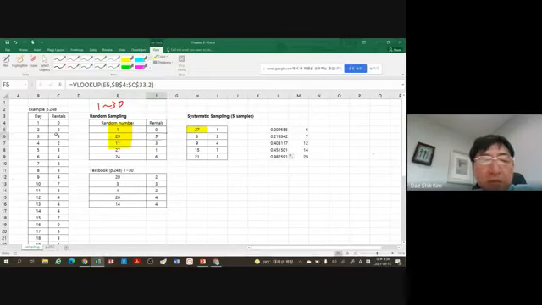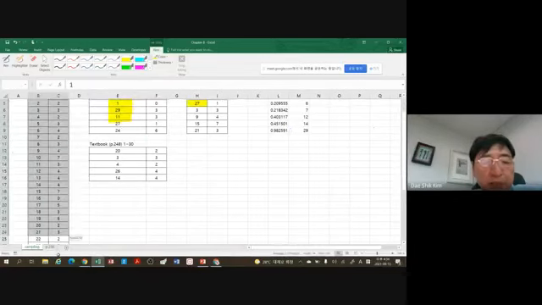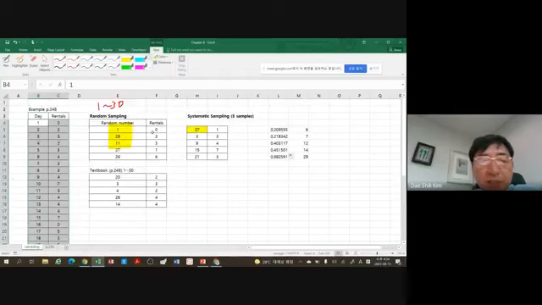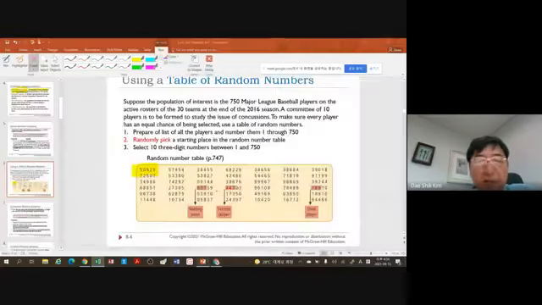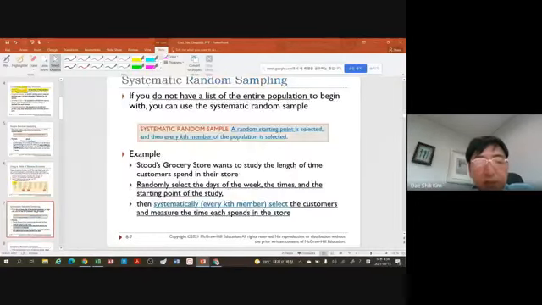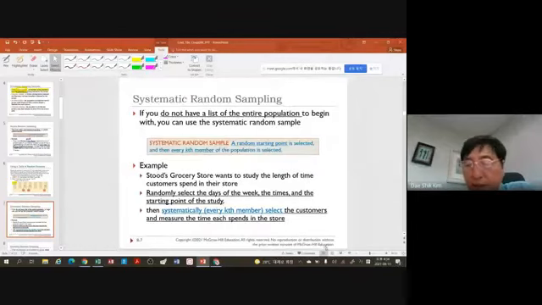For the number of rentals, you compare the randomly selected number to the population and return the second column. The second column is the number of rentals. In that way, you may select your random sampling. Next is systematic sampling.